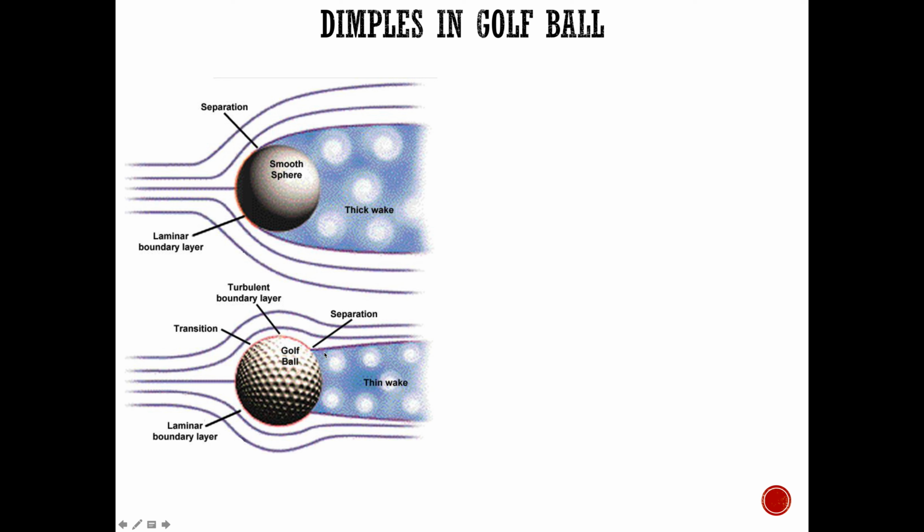So the separation happens in the back of the sphere, right here, which reduces the thickness of the wake, and which again reduces the drag coefficient.